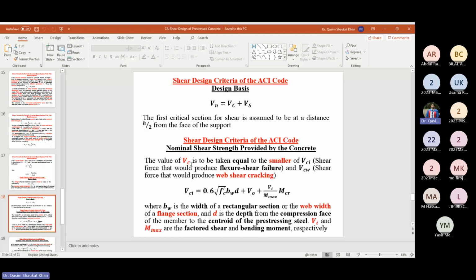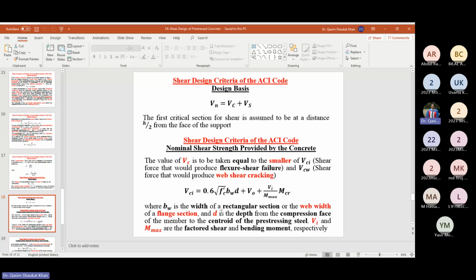So the value of VC is to be taken equal to the smaller of VCI, the shear force that would be required to produce flexure shear failure, and VCW, the shear force that would produce web shear cracking.